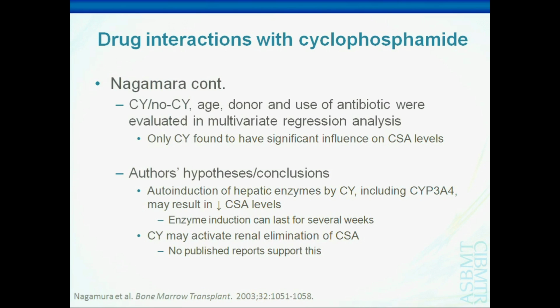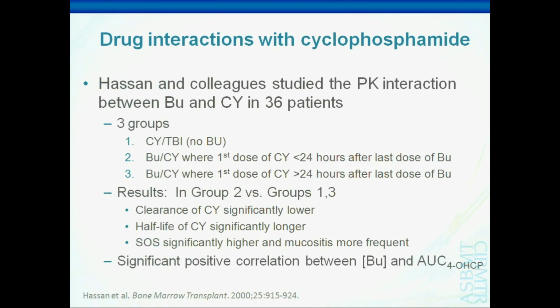And this enzyme induction, as I had said before, can last for weeks at a time, which was evidenced by the longitudinal graph we saw in the previous slide. They also hypothesized that cyclophosphamide may activate renal elimination of cyclosporin. However, there have been no published reports to support this theory.